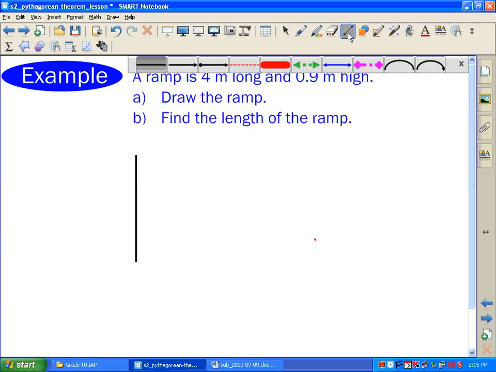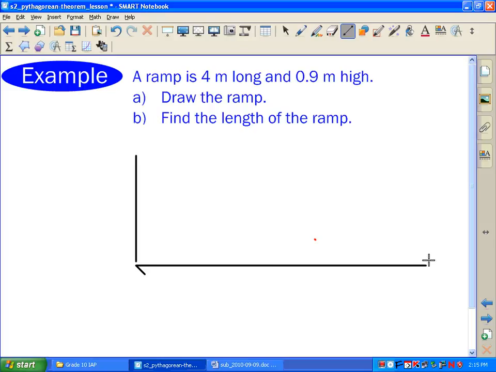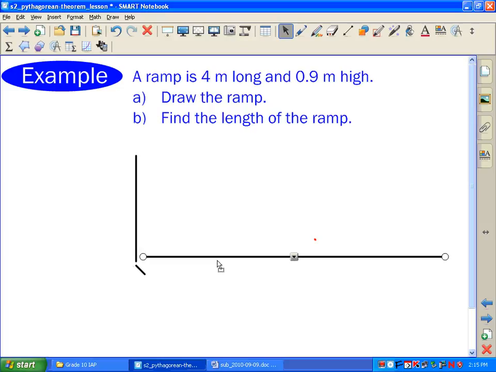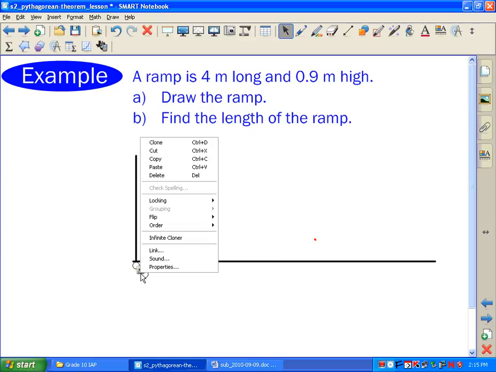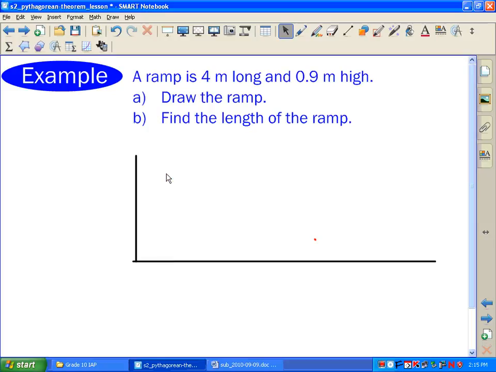I did the high part first, so I'm going to do the length part now. And then I'm going to join those together, and I'll delete this little piece here. So I drew the ramp, and then I guess what I'll do is draw, let me just draw, this would be the ramp right here.